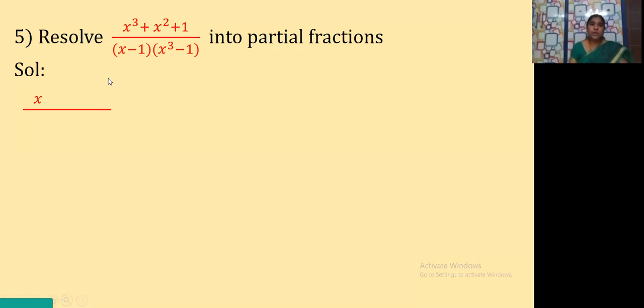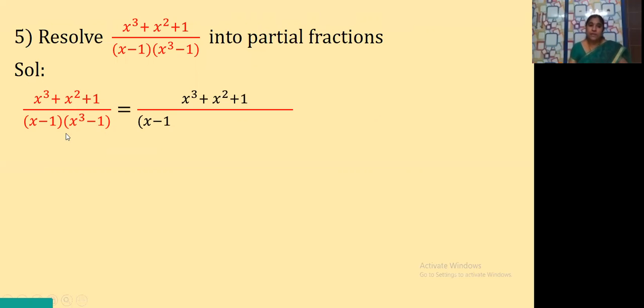So let us do it now. (x cube plus x square plus 1) by (x minus 1) into (x cube minus 1) is equal to (x cube plus x square plus 1) by (x minus 1).